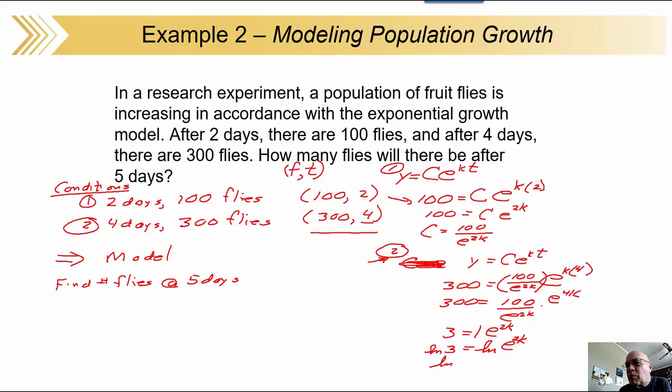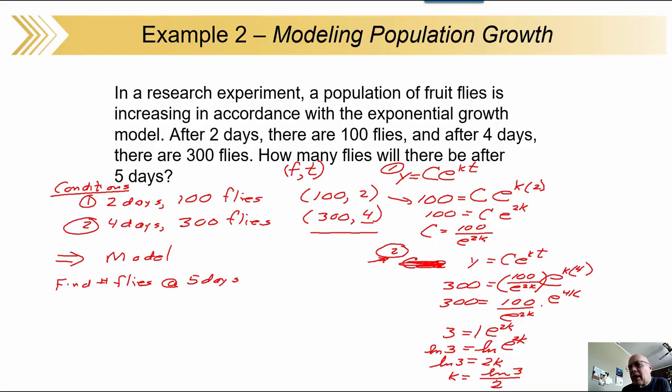So what we end up with is the natural logarithm of 3 equals, and these two cancel each other out, so to speak. And over here we've got 2k. Divide by 2, and we have a way of writing k.